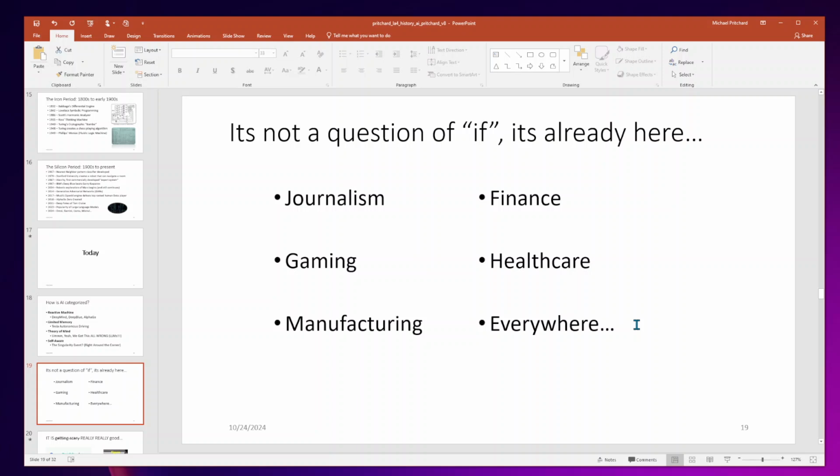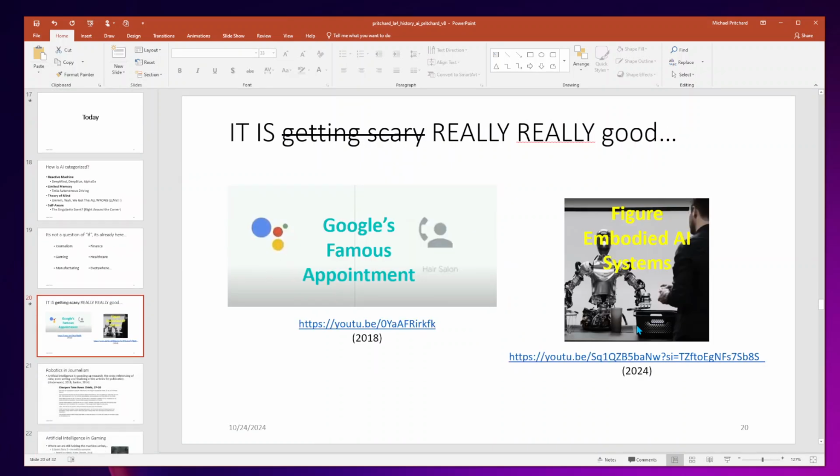It's a systems engineering problem now, in terms of how we get them to start talking to each other, which has actually started to be figured out too. We explore how to do some of that self-referentially in MLAS 800. But outside of that, it's not a question of if. We already know that AI is used everywhere: journalism, gaming, manufacturing, it's used in everything now. You can't not bump into it.